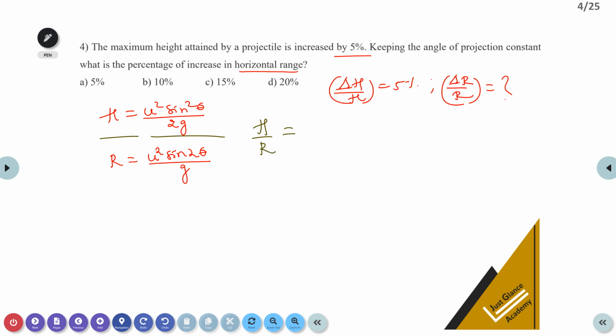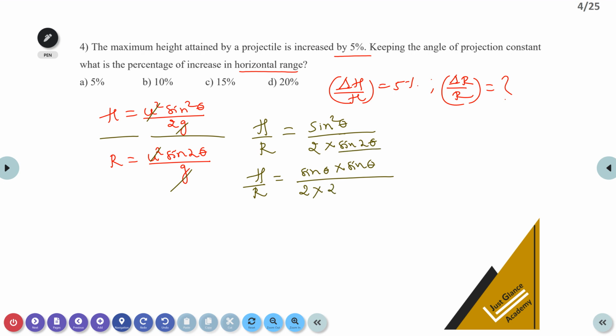h by r equal to, you see, this u square gets cancelled. This g gets cancelled here. Then what is left is sin square theta divided by 2 into sin 2 theta. Modify this equation, that is h divided by r equal to sin theta into sin theta divided by 2 into sin 2 theta.